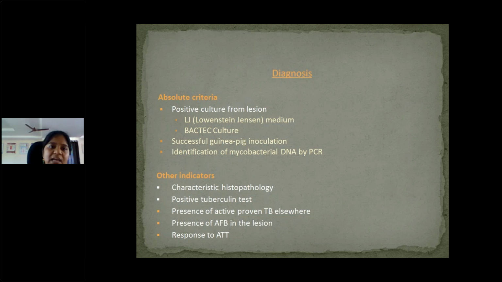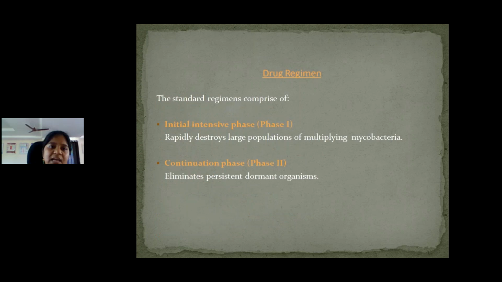So based on clinical eye only, we have to diagnose and treat the patient. But what we can do is the Mantoux test, AFB staining, and culture. Those three should be enough for us, and characteristic histopathology should be found. Other indicators are a positive tuberculin test. These things are more important in daily practice. Also presence of active proven TB elsewhere based on X-rays, AFB in the lesion, and the response to ATT.